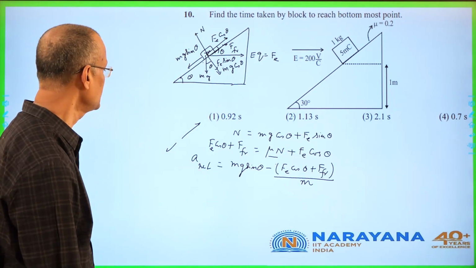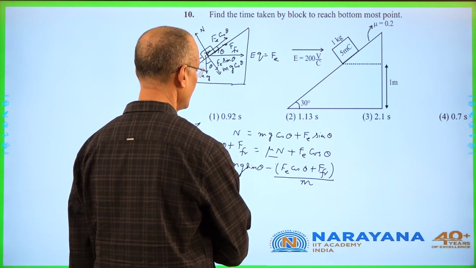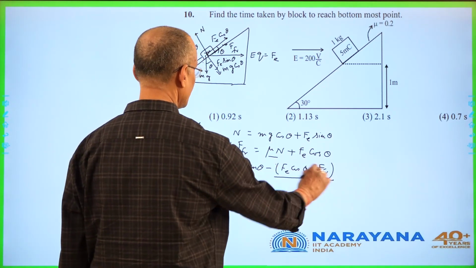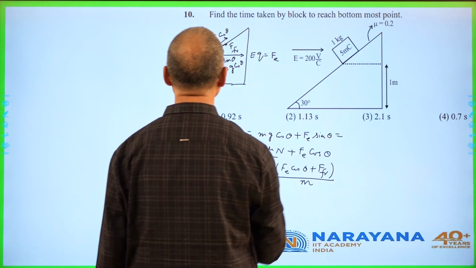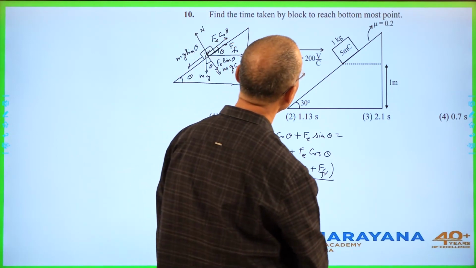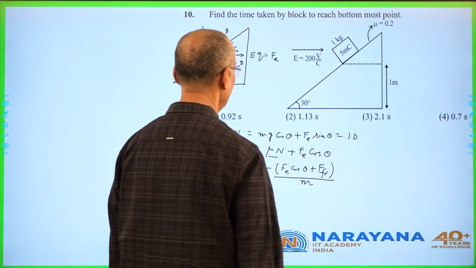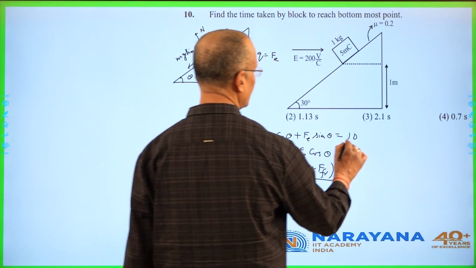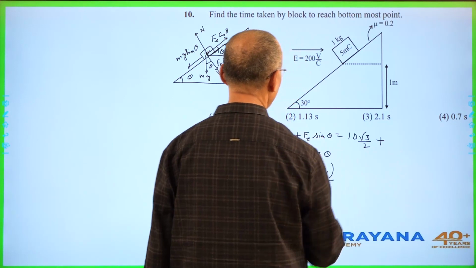You can take g as 10. First, I am calculating N. I need all these values. So, N will become how much? m they have given you as 1 kg, g is 10, then cos 30 degree is root 3 by 2, plus Fe.